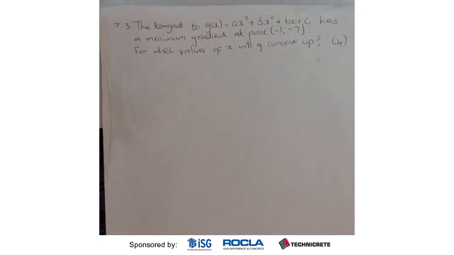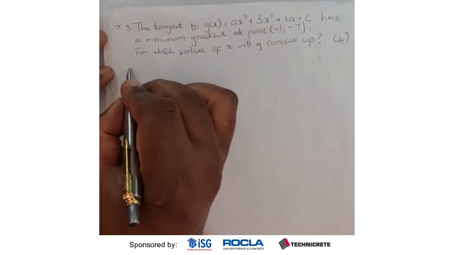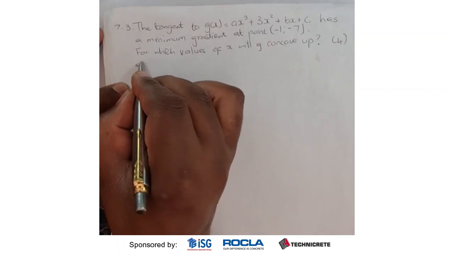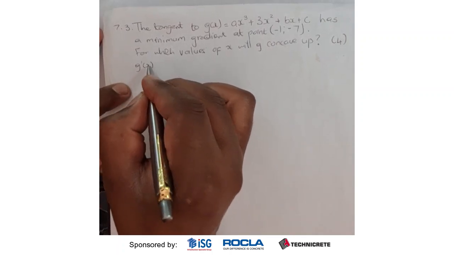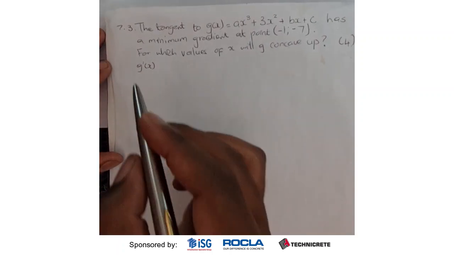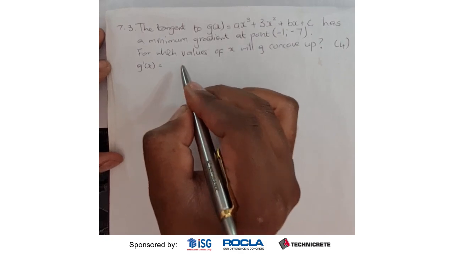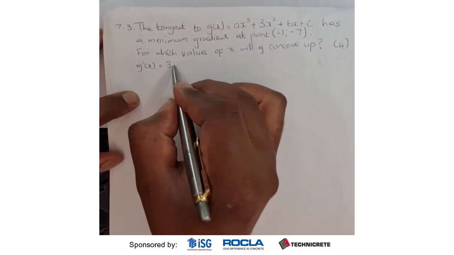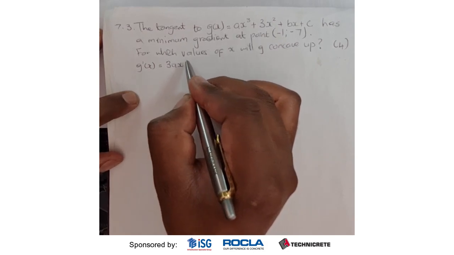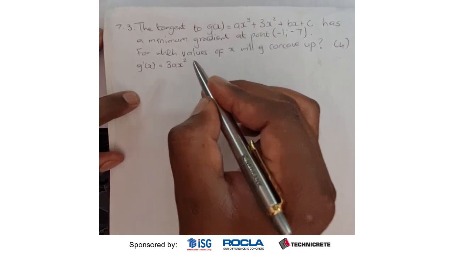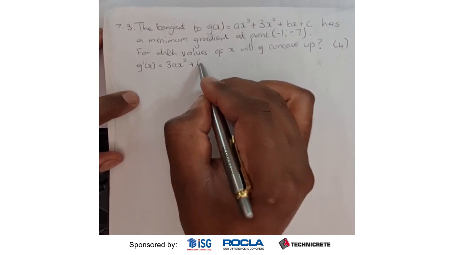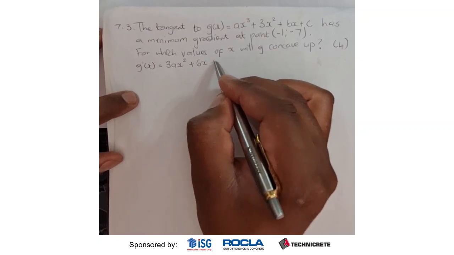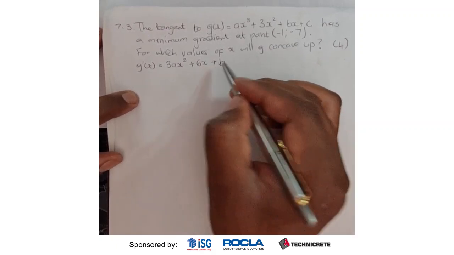Now, first and foremost, we need to differentiate g of x. So here we're not going to use the first principle. We're going to use the method that we just used now. And what g prime of x then gives us is 3ax to the 2 plus 6x plus b.